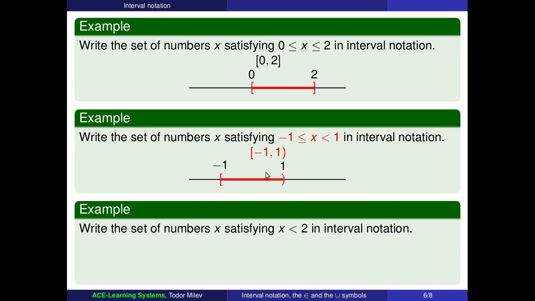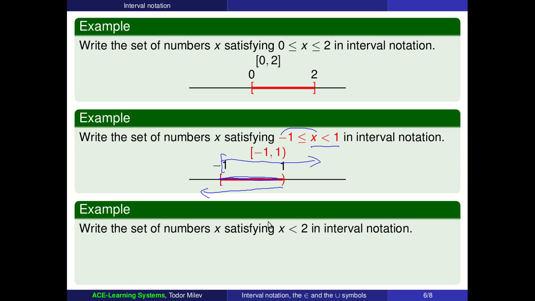Well, x less than 1 corresponds to all numbers to the left of the number 1, excluding the number 1, so that is this arrow, and the inequality -1 less than or equal to x corresponds to all numbers to the right of -1.